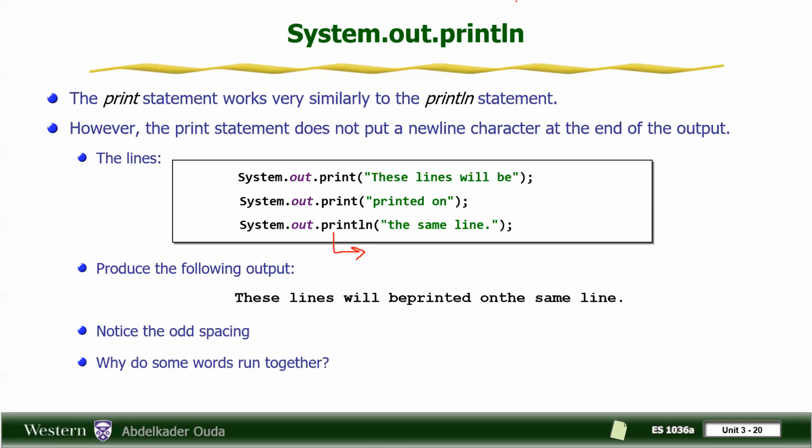And try to play. Put a space here. Put a space here. Use a \n without a \n before it, a \n after it, and then use a print line. So you will start to get the feeling of Java and how things are going to work.